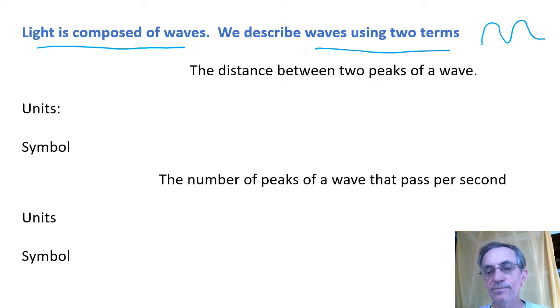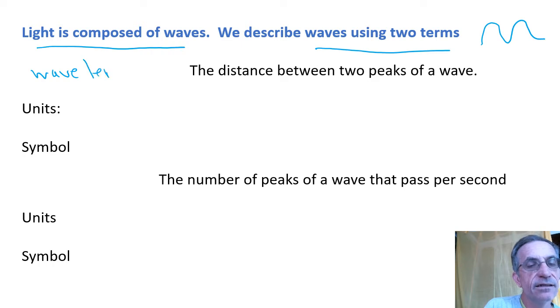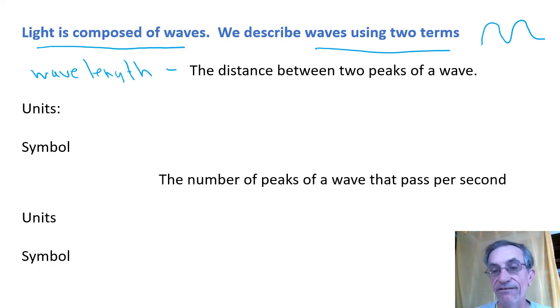Term number one, a little more vocabulary, is the term wavelength. Wavelength is just the distance between two peaks of a wave. So how far is it from here to here? What's that distance? If we could measure it, how far apart are those peaks?